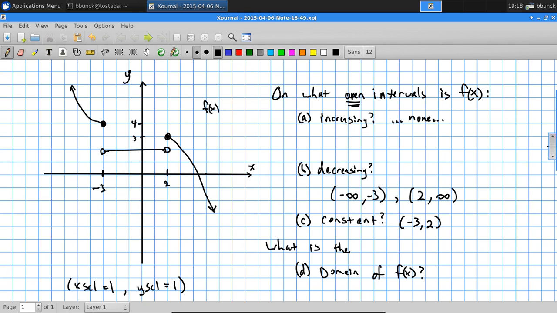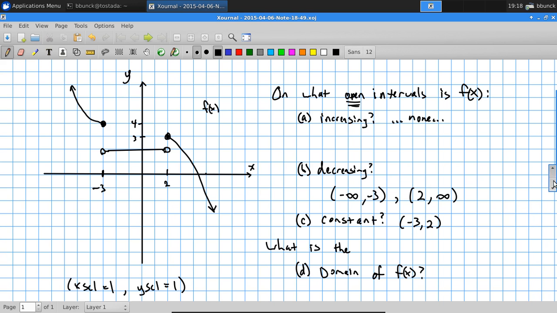So these 3 basic concepts are kind of related. Some functions will have one interval of increase, one interval of decrease, 2 intervals of increase, 1 interval of constant. Really just about everything's possible depending on the function. And notice that, right at 2 and negative 3, we're not assigning any behavior to those 2 points. It's just the intervals to the left and right and between where the changes occur.